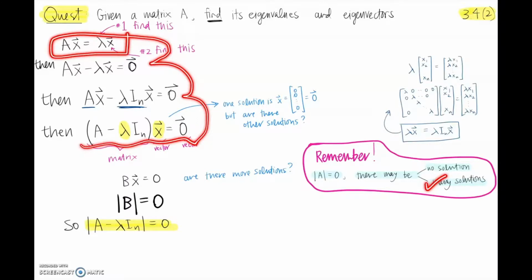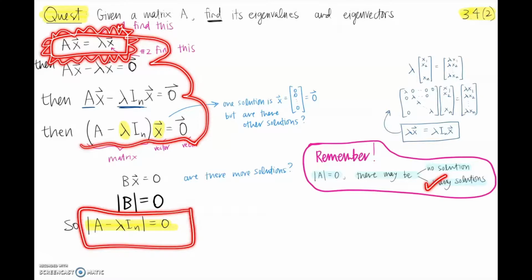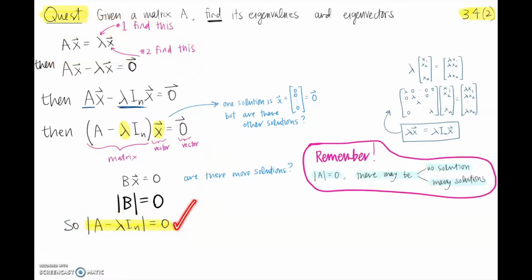And this is the relationship that we really care about here, this eigenvalue eigenvector relationship. So if we can find where this is true, then we can find where this is true. And so this becomes really our job.